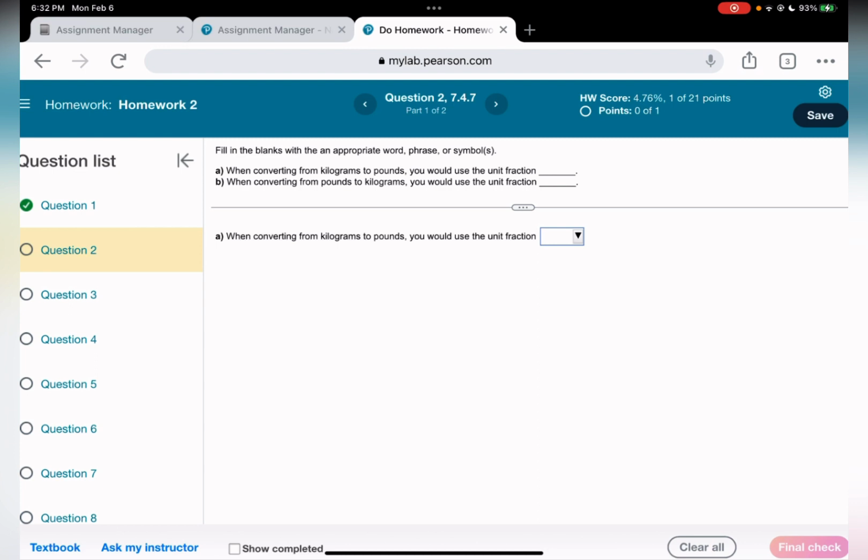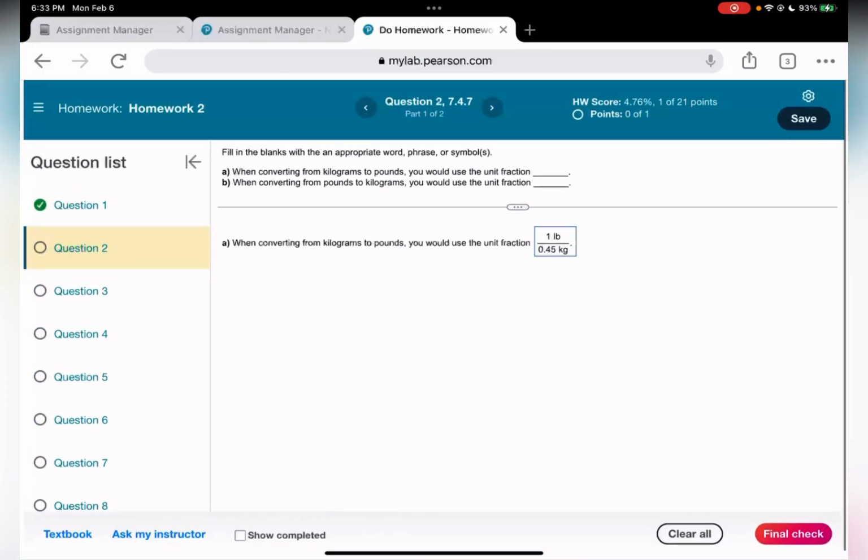When converting from kilogram to pound, you would use the unit fraction kilo to pound. So we are going to get pound divided by kilo, because 1 pound is a little bit less than half a kilo, 0.45. So it's going to be pound over 0.45 kilo.